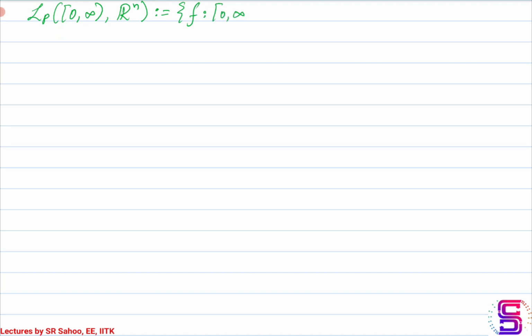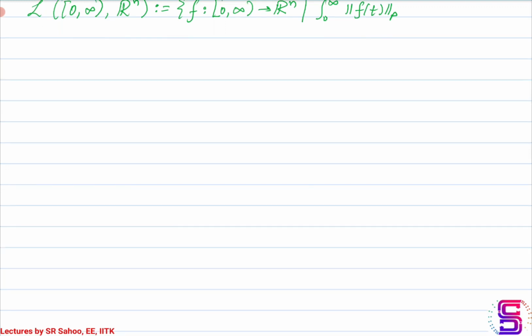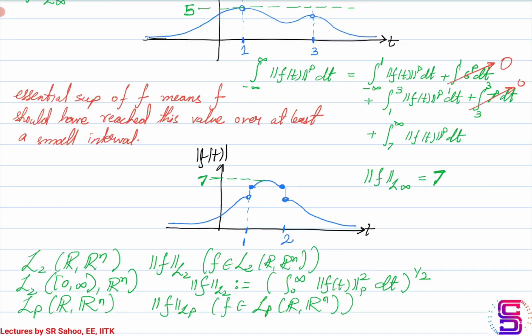So this LP space is defined as f that map 0 to infinity to Rn, such that the integration from 0 to infinity of the norm of f of t, some pth norm of f of t, I would not say p for avoiding confusion, I'll use q here. Even here, to avoid confusion, I'll use Lq, but later towards the end of the lecture we'll stick to p.